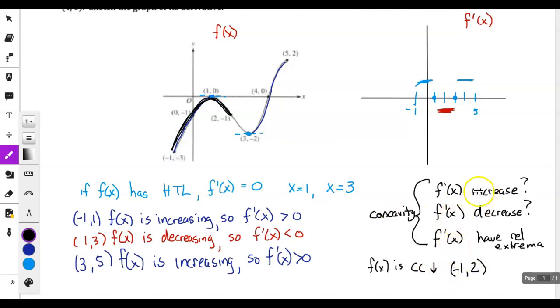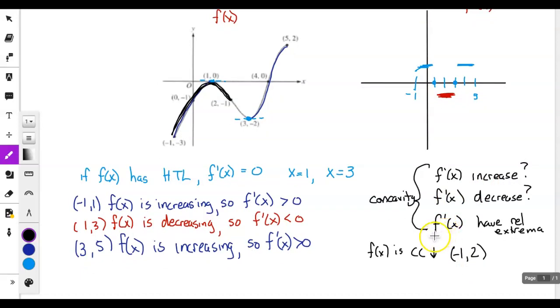If the original is concave down, then the derivative is decreasing. So now I know that the derivative is decreasing on the interval -1 until I get to 2.